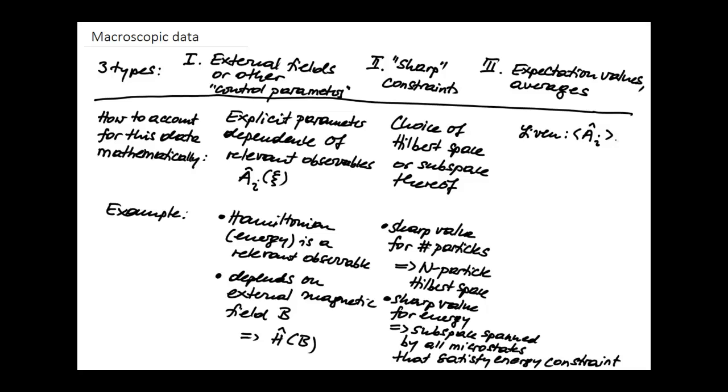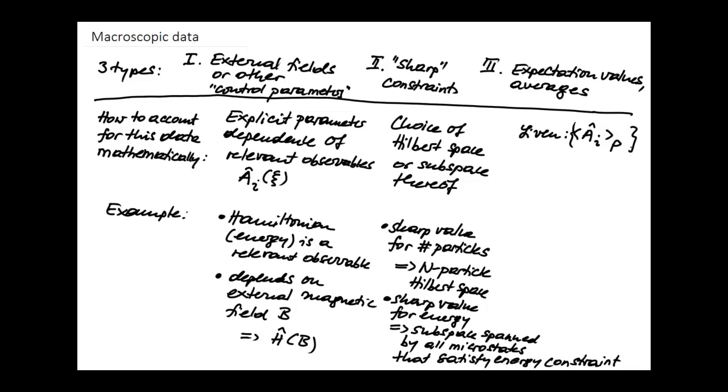Now, what shall we do if the macroscopic information is given in the form of expectation values? So you have several relevant observables, A_i, and you know that whatever state you choose, whatever density matrix rho you choose, it must give a certain expectation value for these relevant observables.